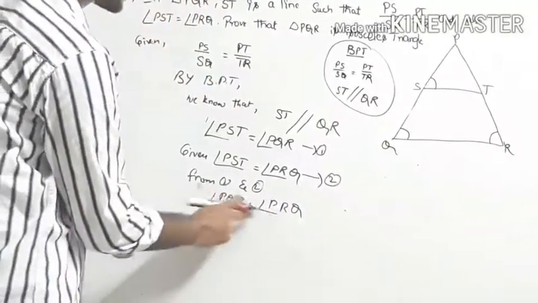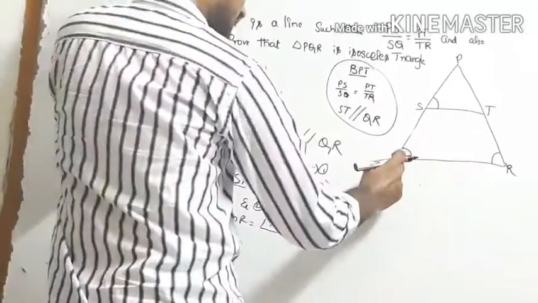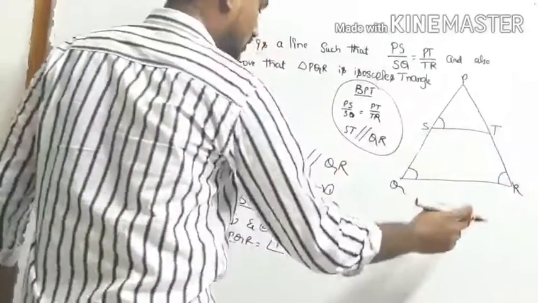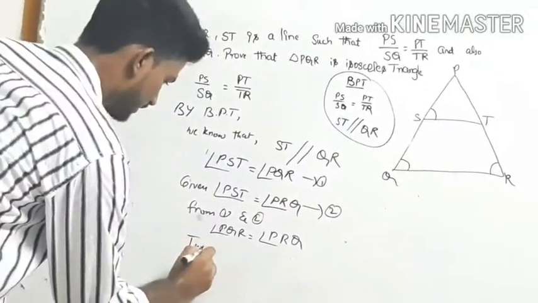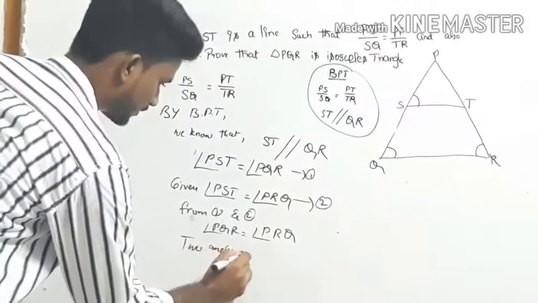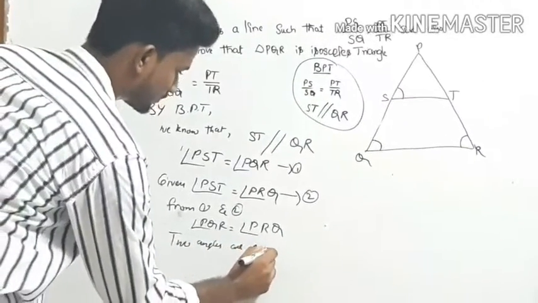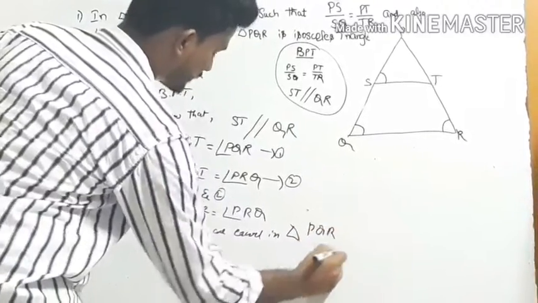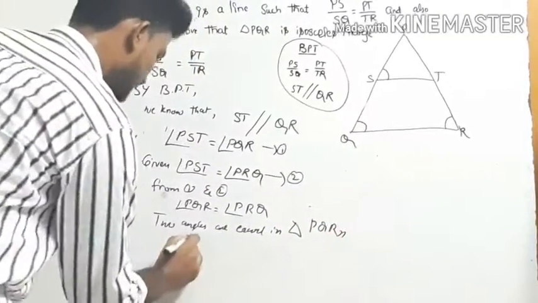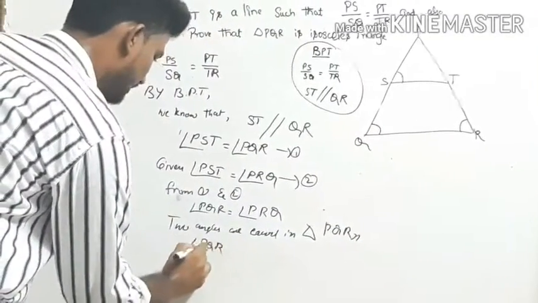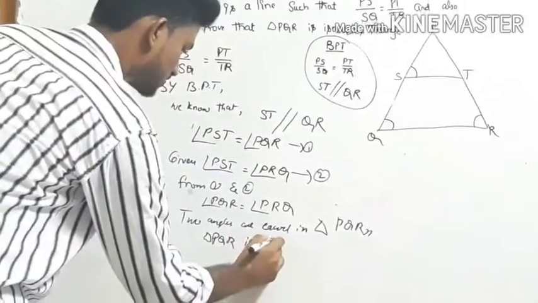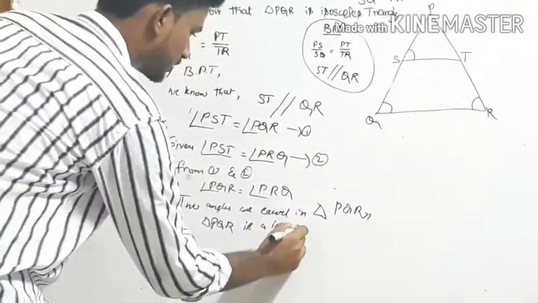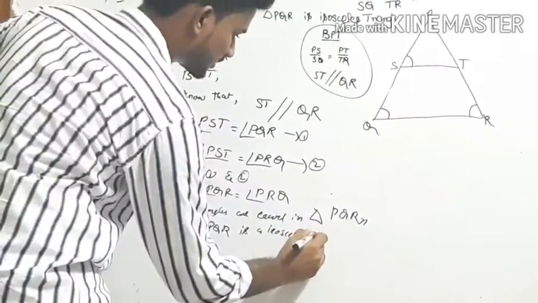This angle Q equals angle R. These two angles are equal in triangle PQR. Then PQR is an isosceles triangle. Isosceles means two angles or two sides must be equal.